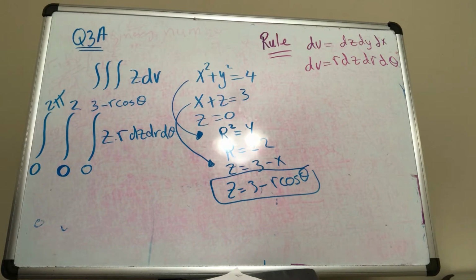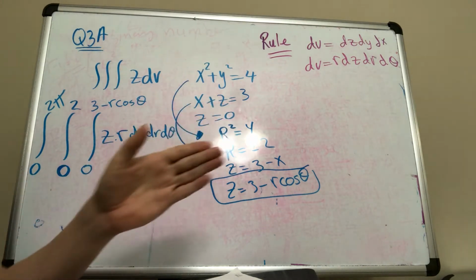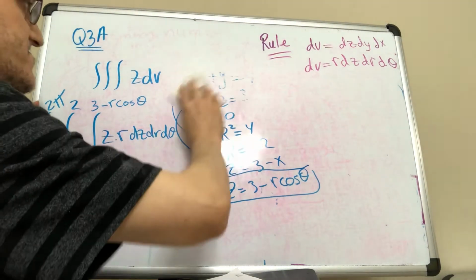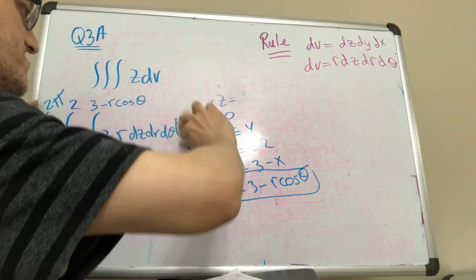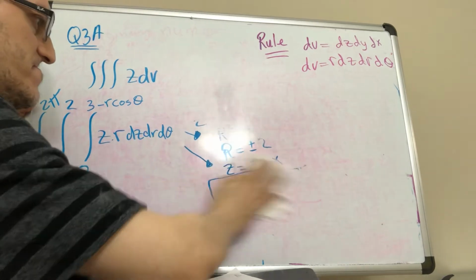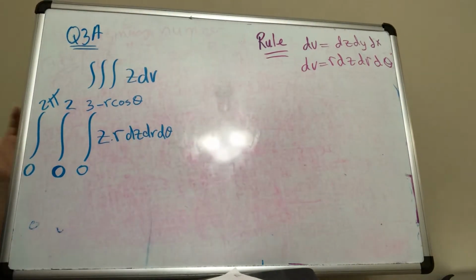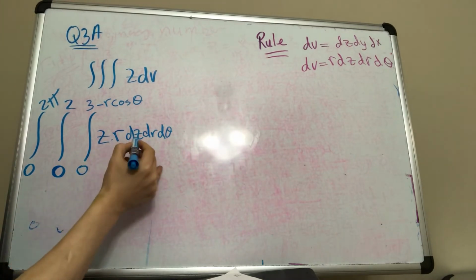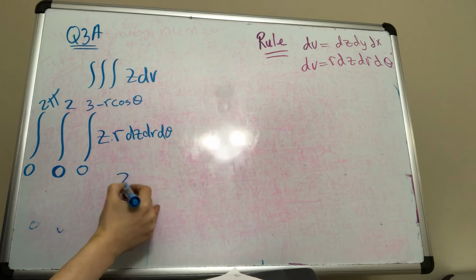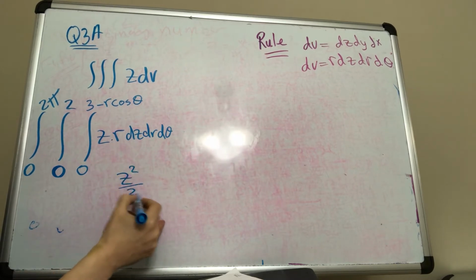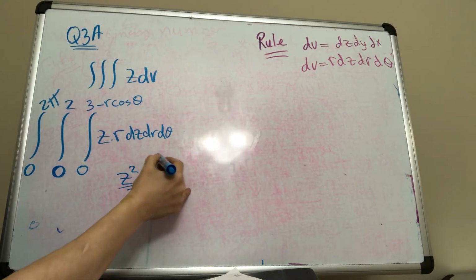Now we integrate. I'm going to erase this part to show you how the integration is going to work. So we're first integrating in terms of z. So this becomes z squared over 2 with a constant r.